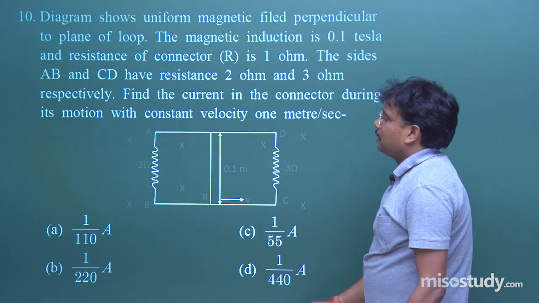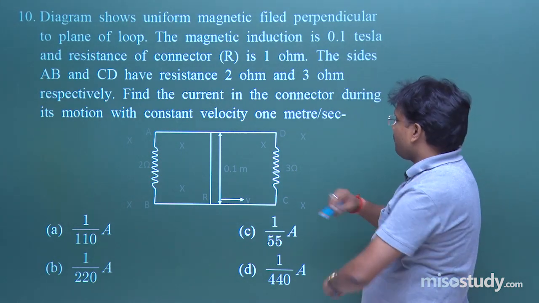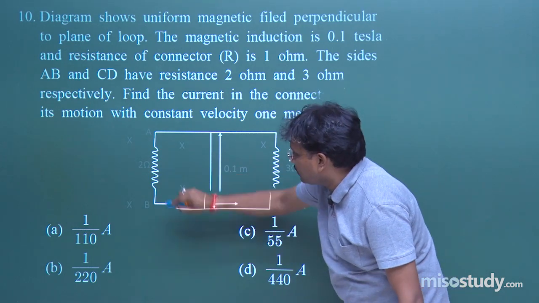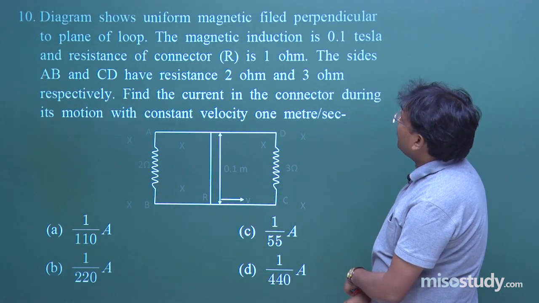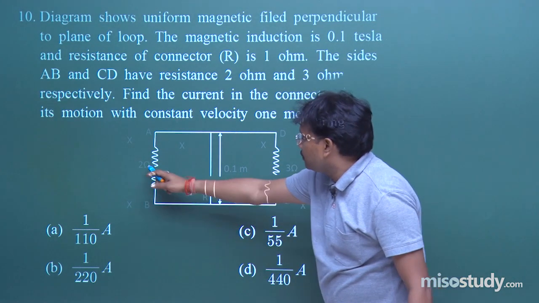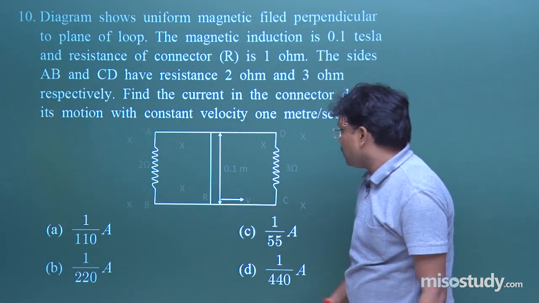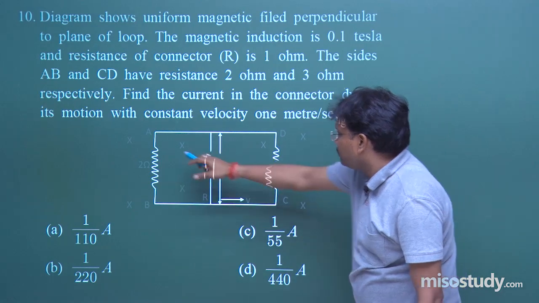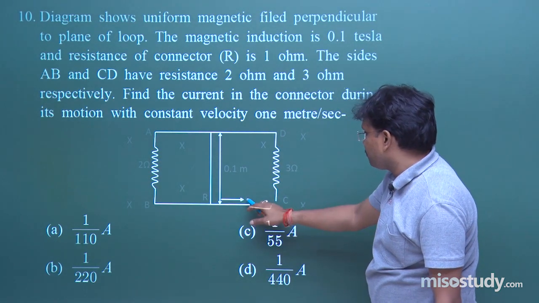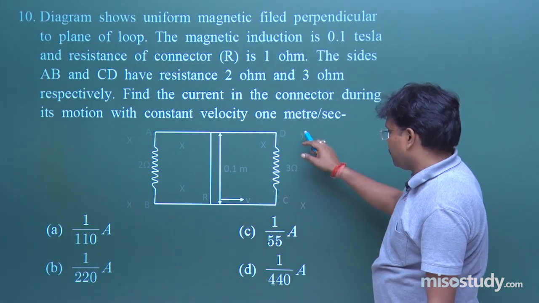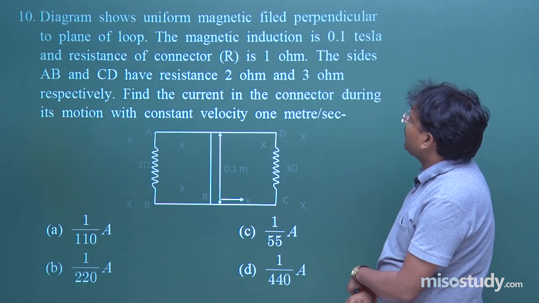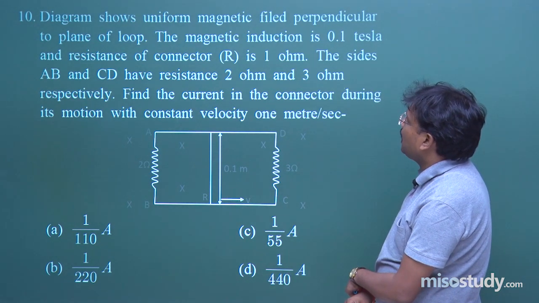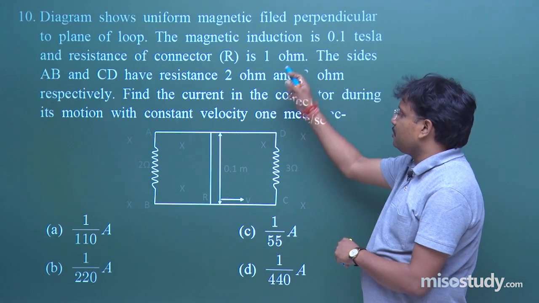And then this diagram, uniform magnetic field, it is mentioned like this, perpendicular to the plane of the loop. This is 2 ohm, this is B, this is R, this is 0.1, this is 3 ohm, this is D, this is A, this is C, this is B, 0.1 ohm, this is the magnetic field. The magnetic induction is 0.1 Tesla and the resistance of connector R is 1 ohm.